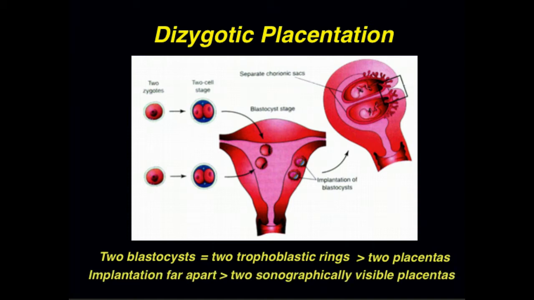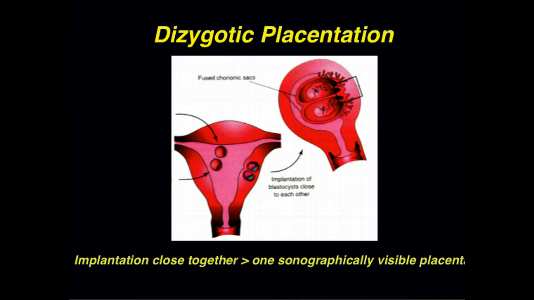Now, if the 2 blastocysts implant reasonably far apart, then when you scan the patient in the late 1st or 2nd trimester, you will be able to see 2 sonographically visible placentas. However, if they implant close together, let's say both on the anterior wall or both on the posterior wall, then when you scan the patient, you will only be able to see one sonographically visible placenta.